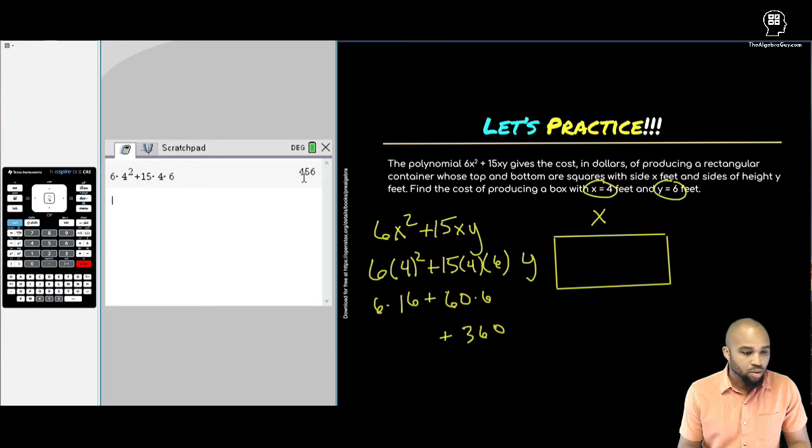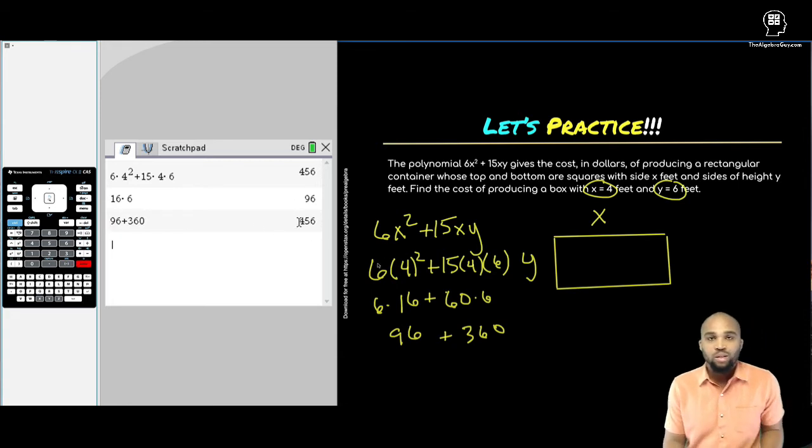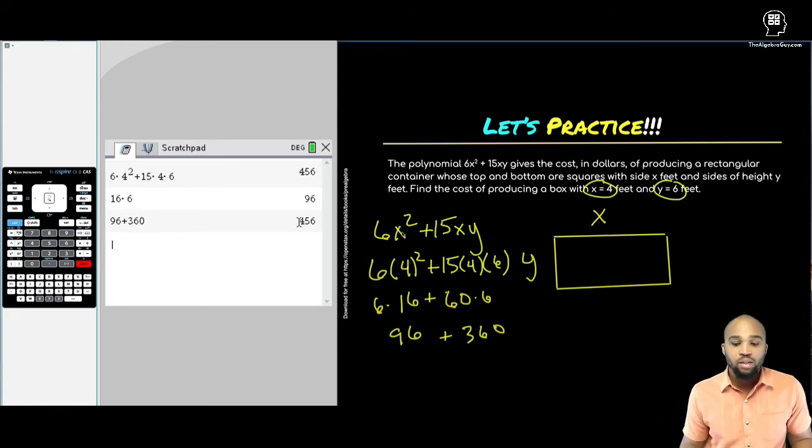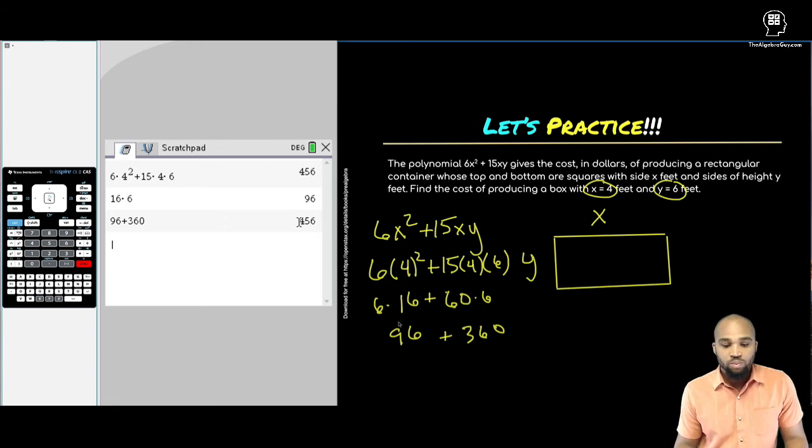That part I can do in the calculator. 16 times 6 is 96. And I'll just check it. 96 plus 360. So there's another way I can check it. It's worth the 30 seconds it took, or probably less than that, to just redo it. I like to check everything at least 2 ways. Work it one way and find another way to check it.